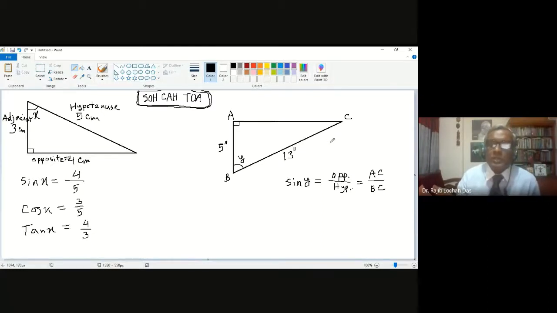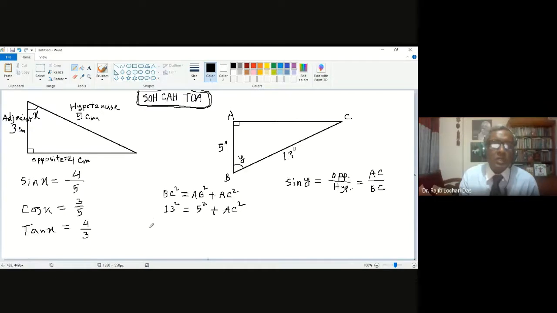So you will write, from the Pythagoras theorem, BC square is equal to AB square plus AC square. The hypotenuse is on one side and the other two sides are summed. The hypotenuse is already known, so you write 13 square, then AB square, which is also known to you, and AC square, which is not known.